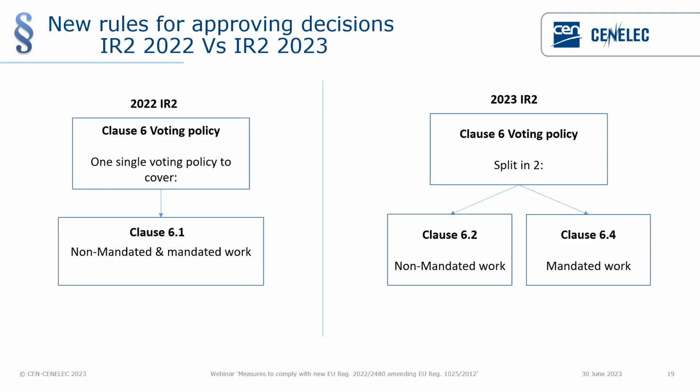6.2 is the non-mandated work, so how decisions are taken for non-mandated work, which is basically identical to the previous way of working. And then the novelty is Clause 6.4 on mandated work.